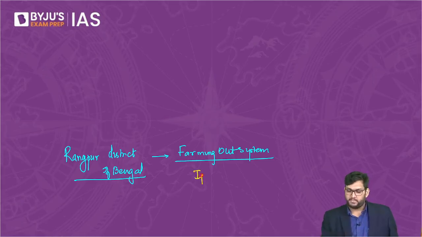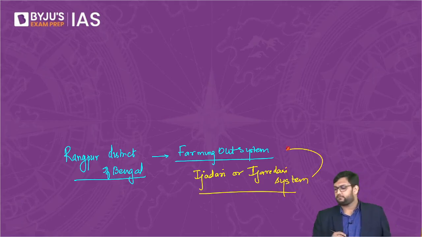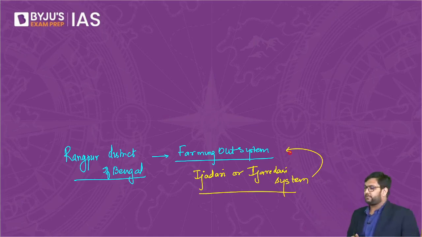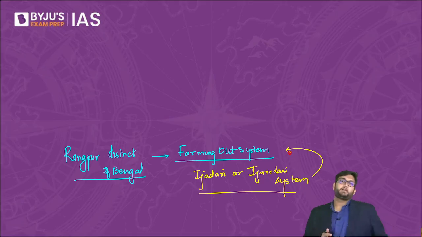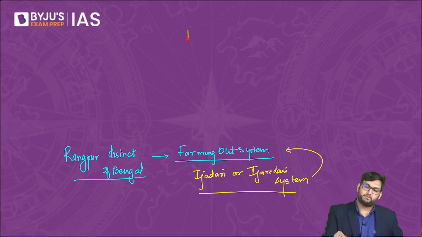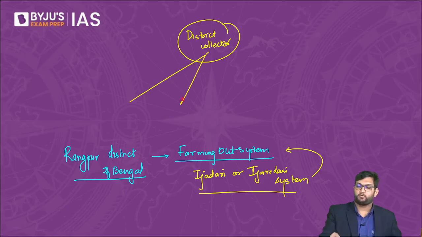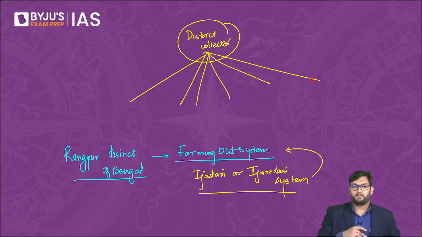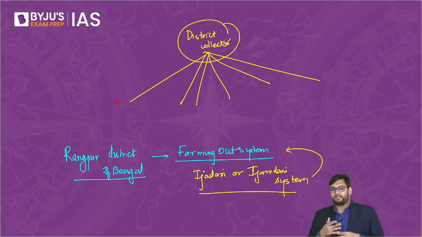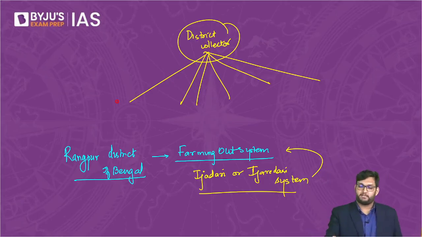which is called the Ijaradari system. Basically, the same system itself. Just to refresh your memory, the concept was very simple: the district collector was going to collect the tax, and he was going to give away the right to collect the tax to the highest bidder.